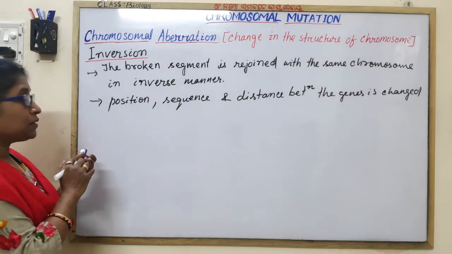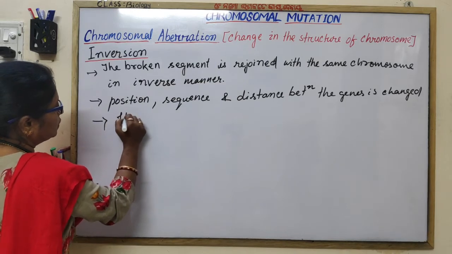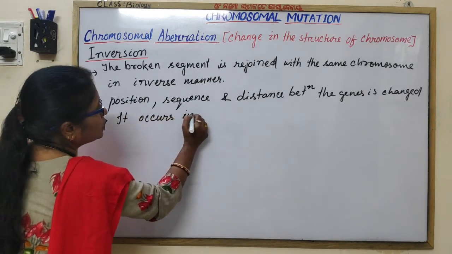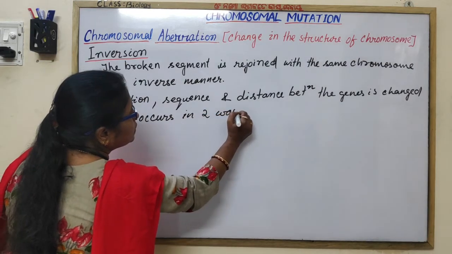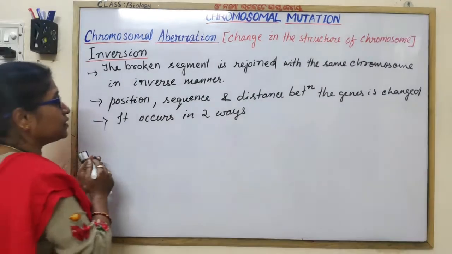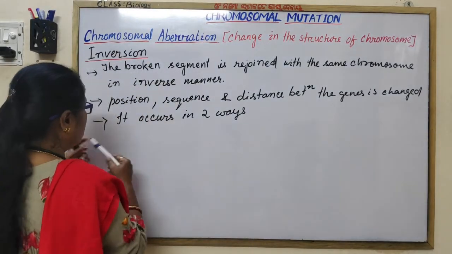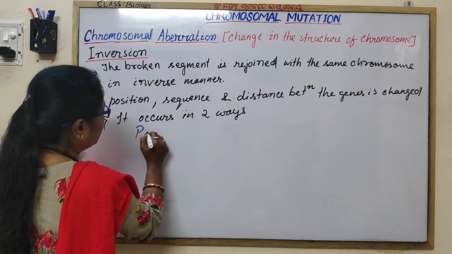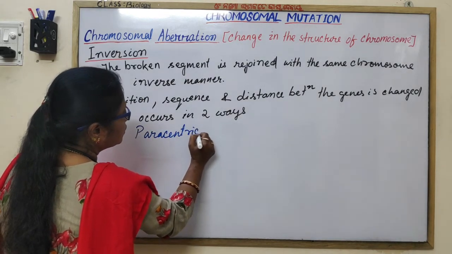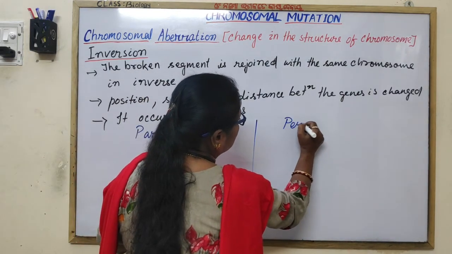How it happens? It occurs in two ways. One is paracentric, another is pericentric. What are the two types? The paracentric and pericentric.